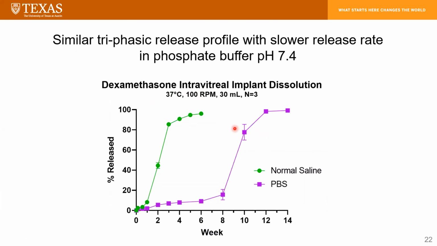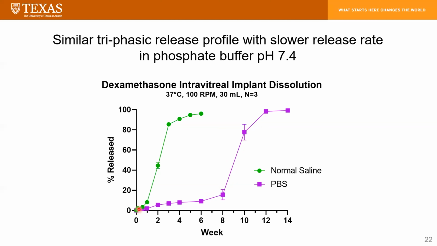Now, we have also carried out the dissolution in phosphate buffer. In phosphate buffer, pH 7.4, it follows a similar release pattern: little burst effect, an extended period of no drug release, and then accelerated release over 4 weeks.